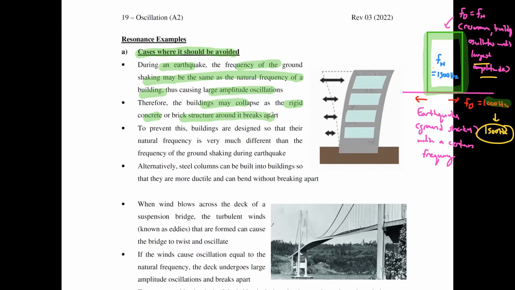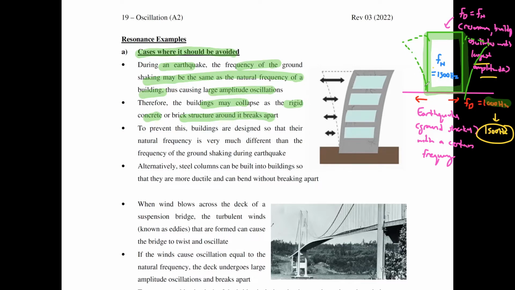If you try to forcibly bend it, it will break. It's something similar here. Your building by right is supposed to be rigid. So if you try to force it to oscillate left and right with very large amplitude, it's going to cause the building to break apart. It's going to cause the building to collapse.